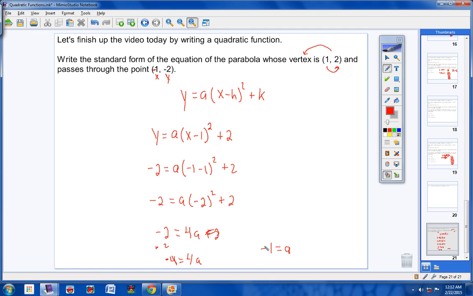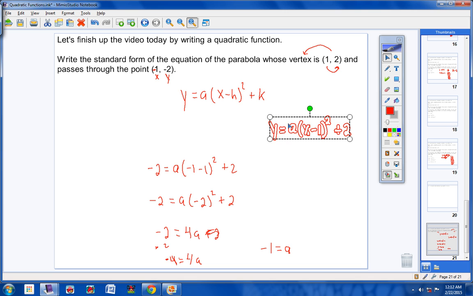See this equation right here? This is the right answer, except we've got to get rid of this a right here. Where the a is, we're going to have to put a = -1. So we've got to squeeze a -1 in there.